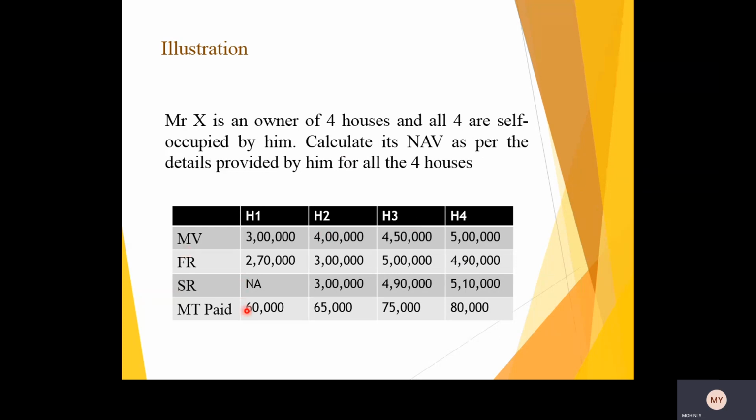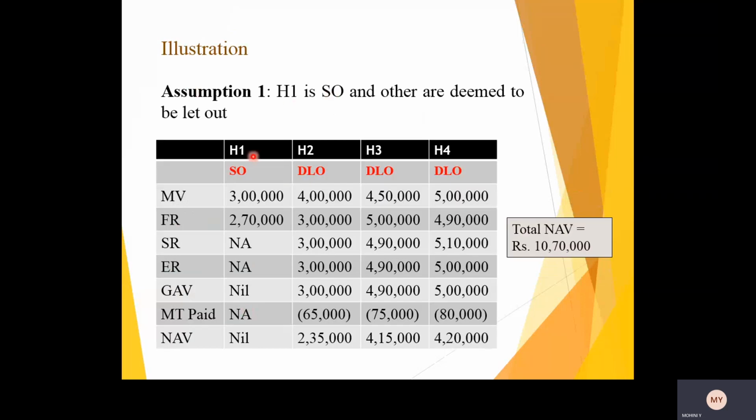Now he has the option. In assumption 1, suppose he chooses house 1 as self-occupied, so its NAV will be nil. The others are deemed to be let out. So we'll calculate expected rent for each house property. Higher is 4 lakh, lower is 3 lakh, so 3 lakh. Higher is 5 lakh, lower is 4 lakh 90,000, so 4 lakh 90,000.